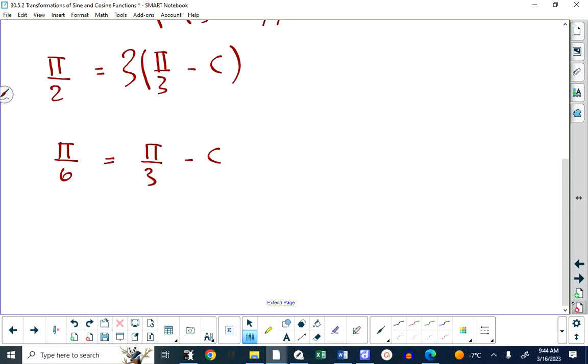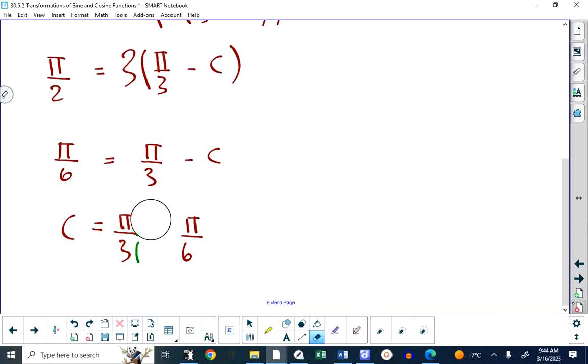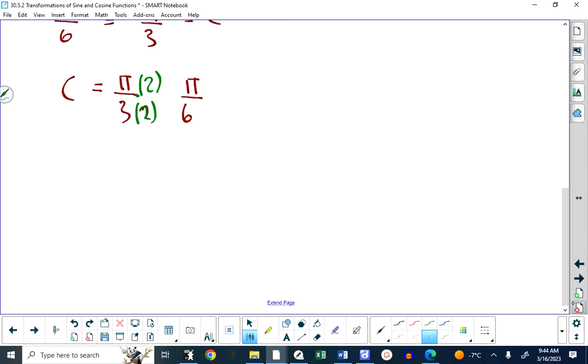C will be equal to pi over 3 minus pi over 6. I need a common denominator here of 6, so I'm going to multiply the top and the bottom of this by 2. I end up with 2 pi over 6 minus pi over 6.